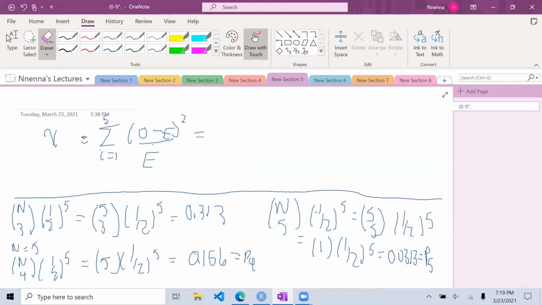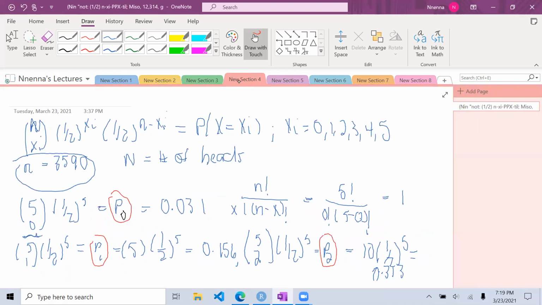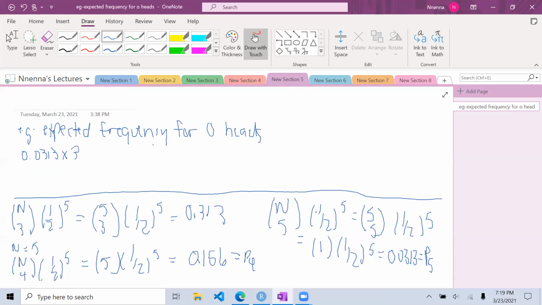So, for example, the expected frequency for 0 heads should be something like 0.0313 times the total number of trials, which I said was 3,590.